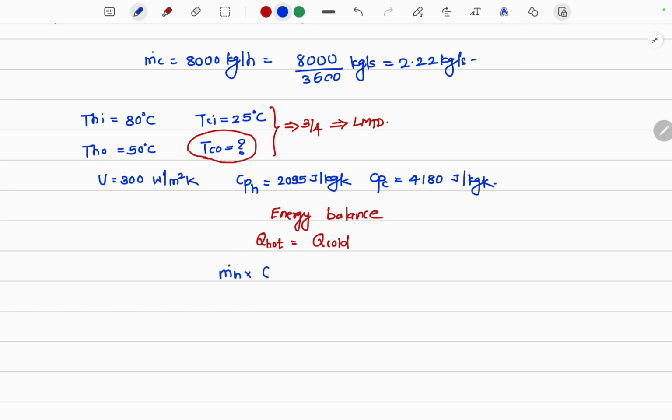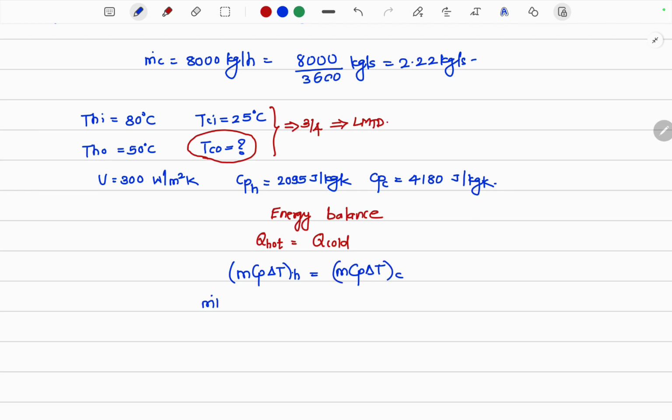M dot H into Cph into delta Th. This will be equal to, in a simple general form, I will write it, m cp delta T of hot fluid will be equal to m cp delta T of cold fluid.